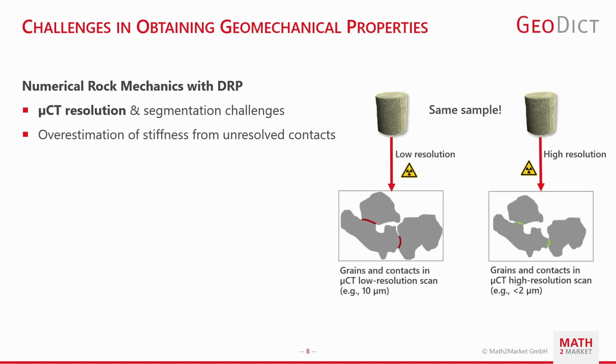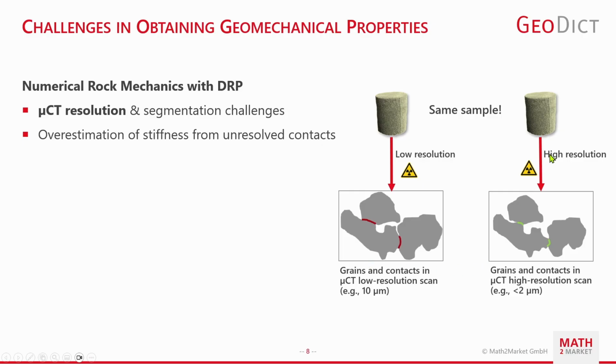To give you an example, here I show for the same sample, if you have, for example, a low resolution scan, there you will have the mineral grains and the pores less well resolved, and the grains will appear to have a much larger contact area between them, and this affects the stiffness prediction.